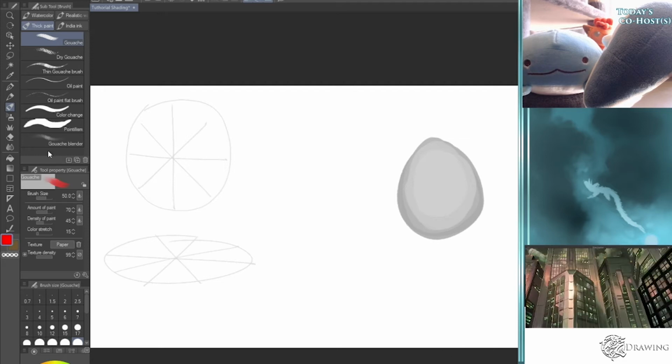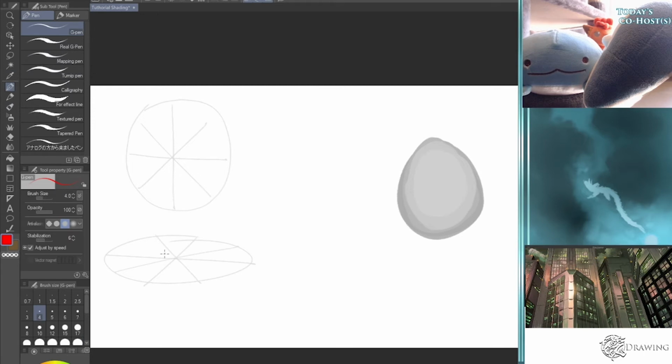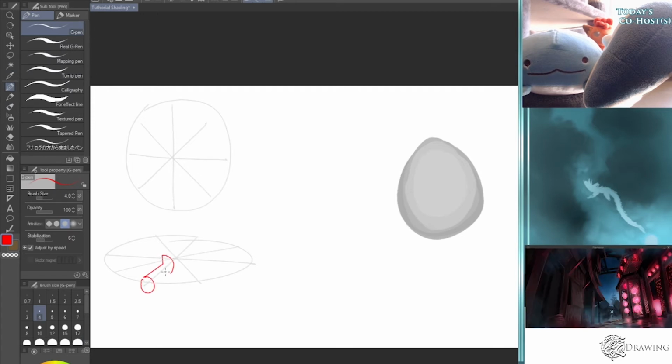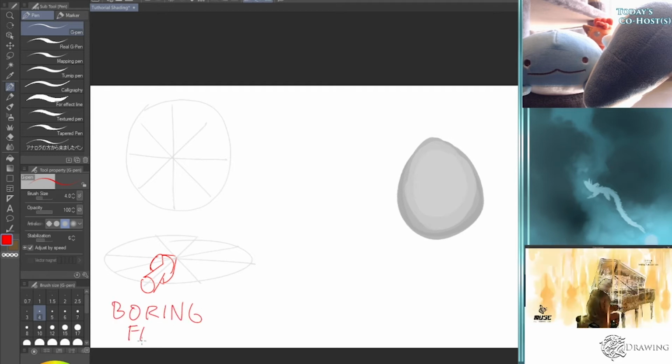So, light from this direction is boring. Flat. Don't use it.